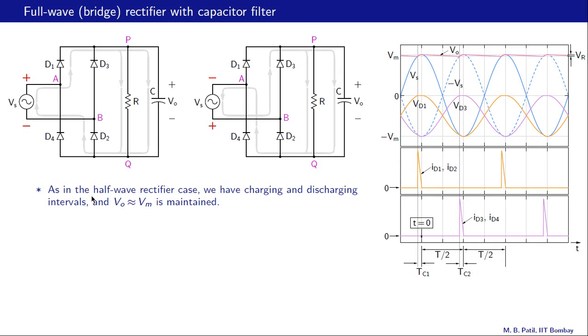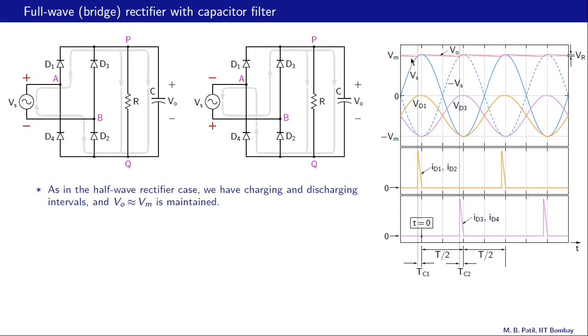First, as in the half wave rectifier case, we have charging and discharging intervals, and VO is approximately maintained at Vm. So let's look at the waveforms. This is the input voltage Vs. That dashed curve is the negative of input voltage.